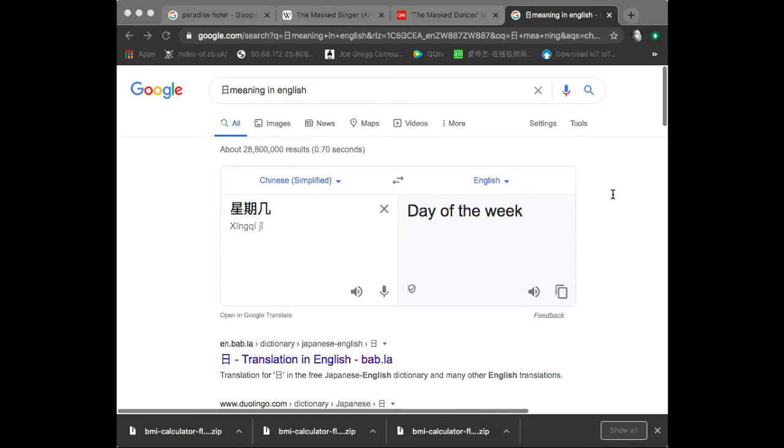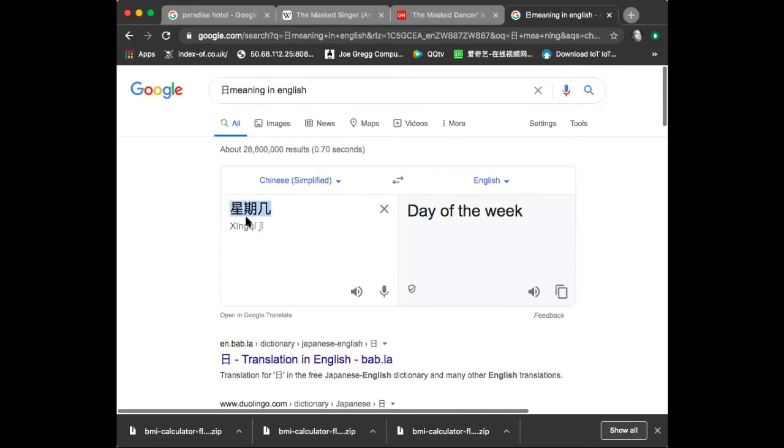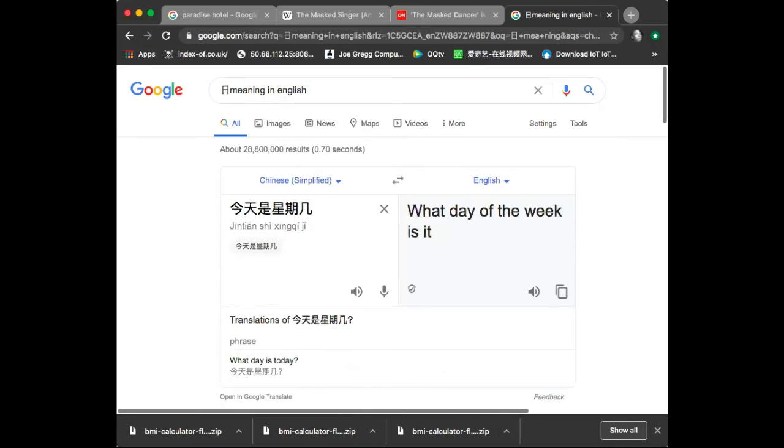Now, yes. So now if we say 今天是, 今天, what does 今天 mean? Today. Today, yes. 今天 and then is 是 星期几. Then we have what day of the week is it?